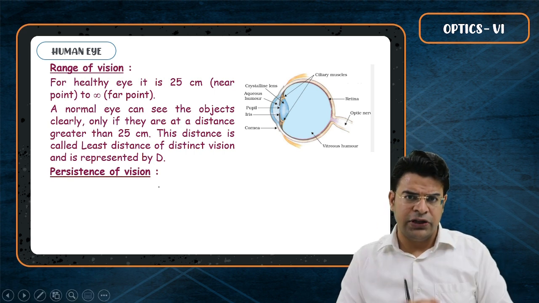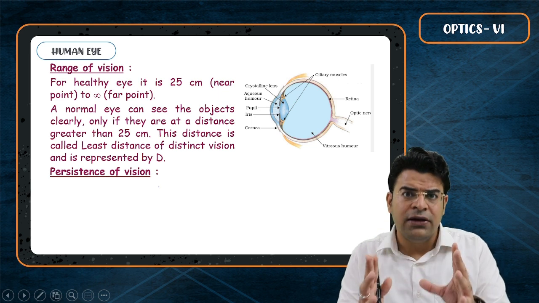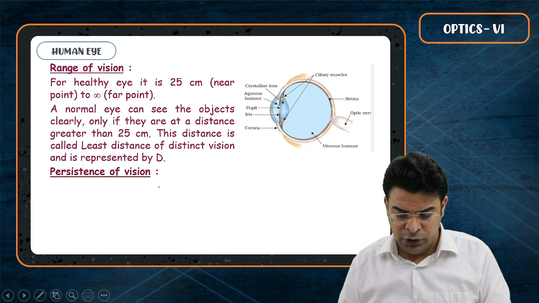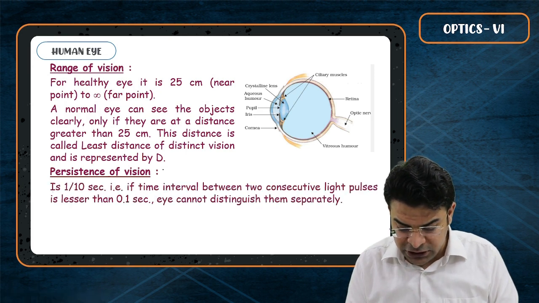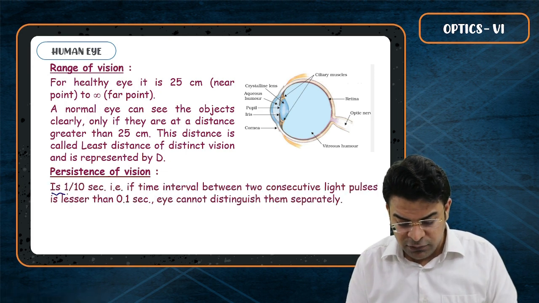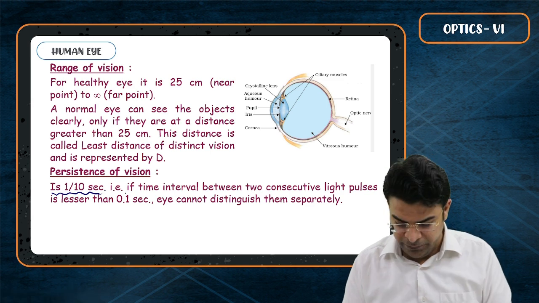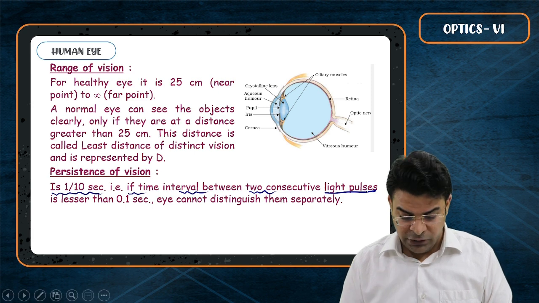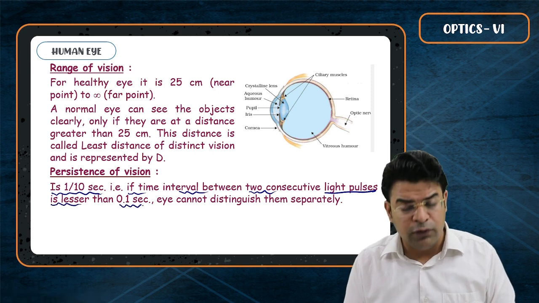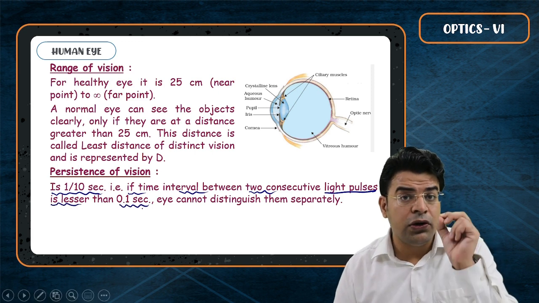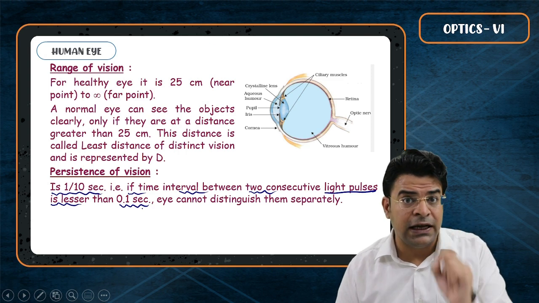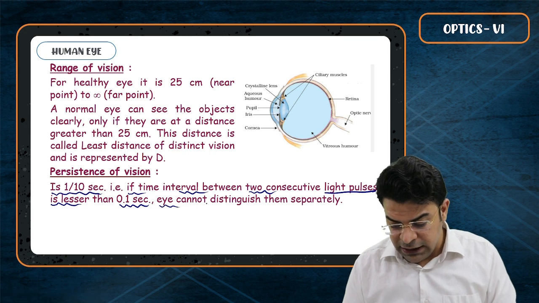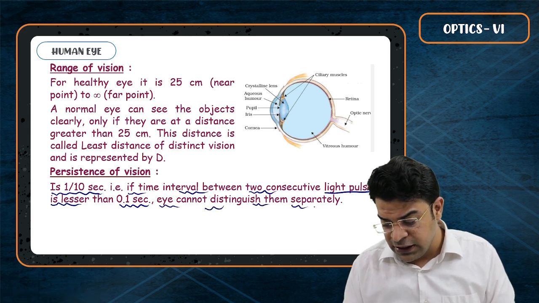Now, there is something called persistence of vision. When we see something, the image remains in our system for 1 by 10 of a second. So we say that the persistence of vision is 1 by 10 second, that is 0.1 second. If the time gap between two consecutive light pulses is less than 1 by 10th of a second, that is less than 0.1 second, eyes cannot distinguish them separately.